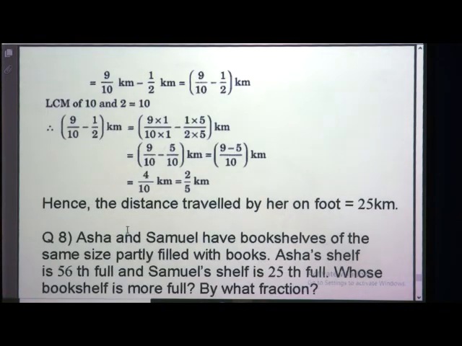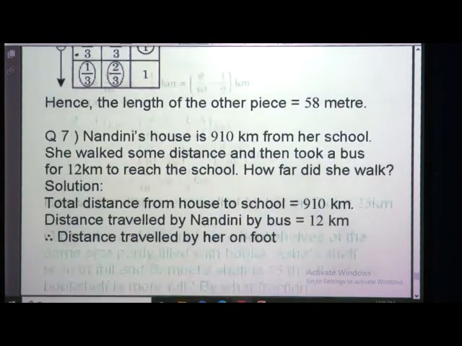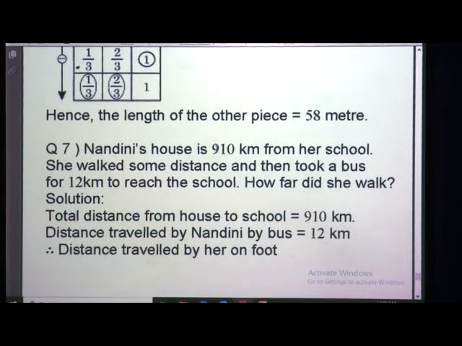Okay, we will solve now the next question, that is Nandini's house. Nandini's house is 9 by 10 kilometer from her school.